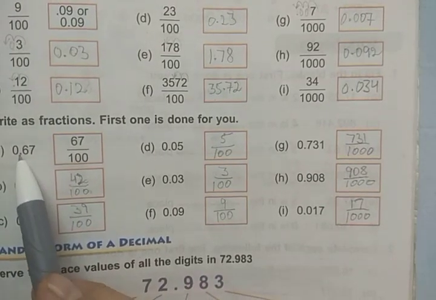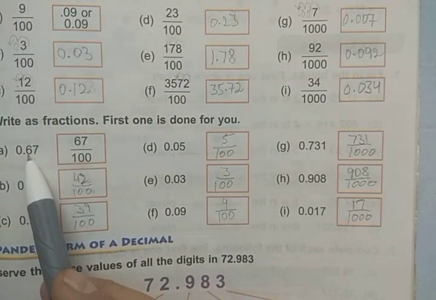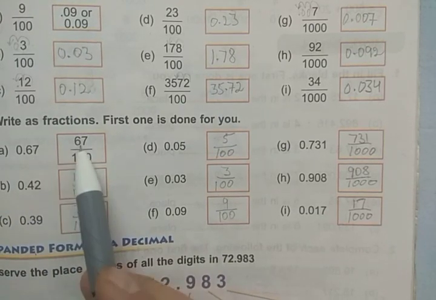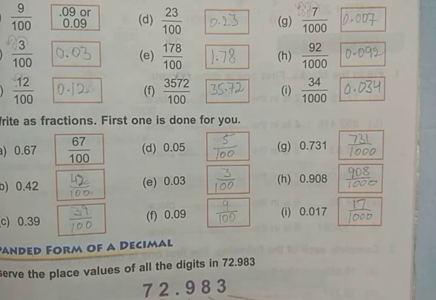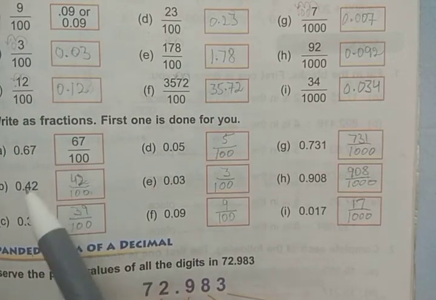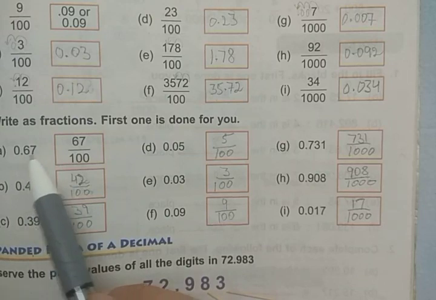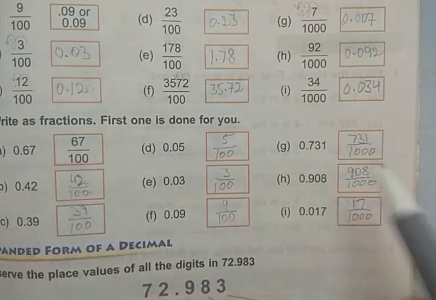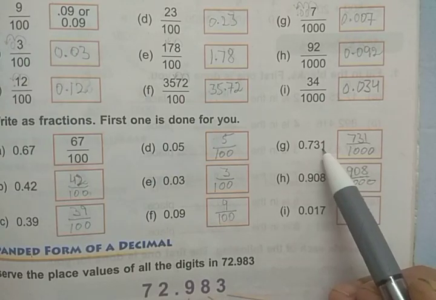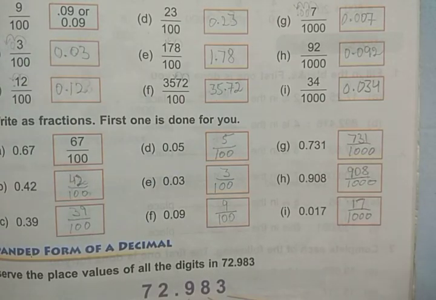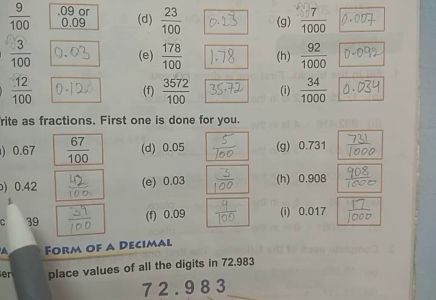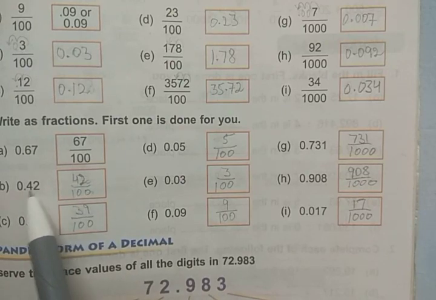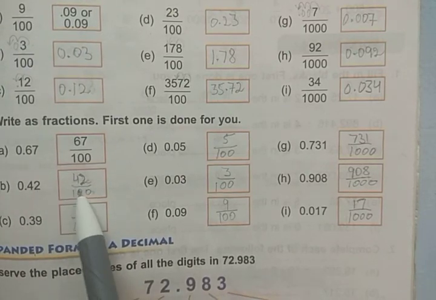In place of decimal we have to write 1 and count the number of digits. जितने digits हैं उतने आपने 0 लगाने. तो 67/100, right? और you can say जो आपका highest place है that is hundreds, so उतना आपने नीचे लिखना है 100. If 1000 place maximum जो last digit का 1000th place है तो नीचे 1000 लिखना है. और in another way जो हम कह सकते हैं कि decimal की जगह point की जगह पर 1 and count the number of digits. 2 है तो नीचे 2 zeros.